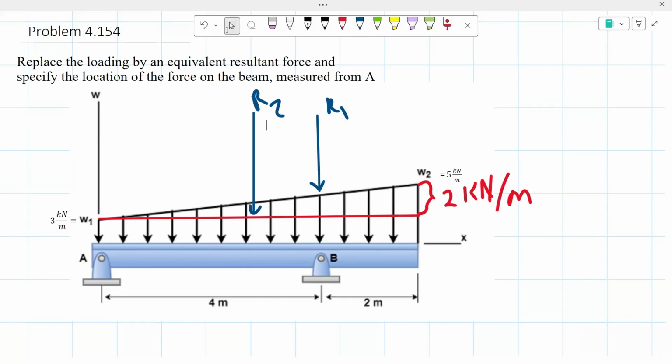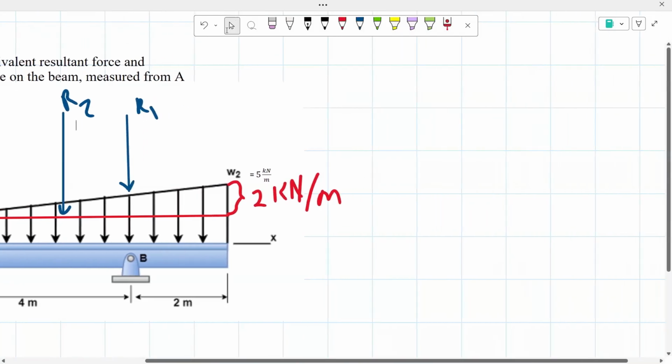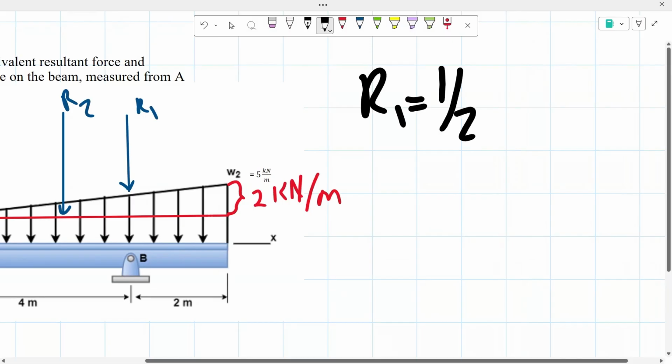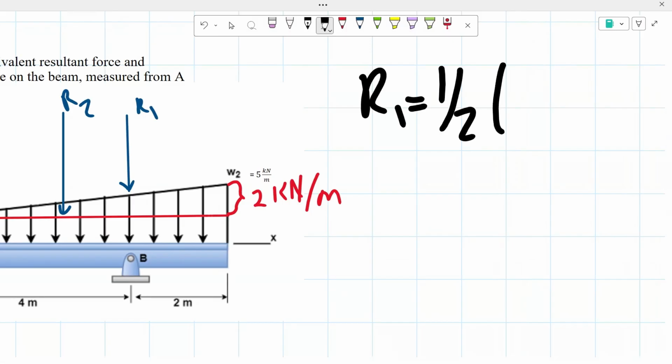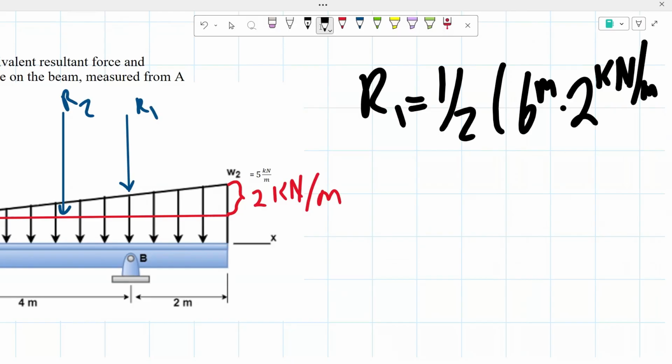So now we're going to determine the magnitude of those concentrated forces. We know that R1 is equal to half of, we know that the right triangle has a length or a span of 6 meters, so 6 meters times, once again, we said that the highest point of our triangle is 2 kilonewtons over meters, so times 2 kilonewtons per meter.